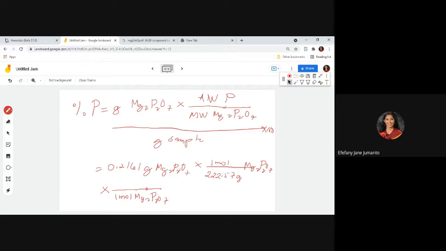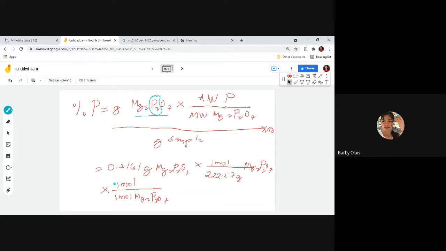How many moles of phosphorus in 1 mole of Mg2P2O7? Now you look at the subscript. Phosphorus, how many moles?